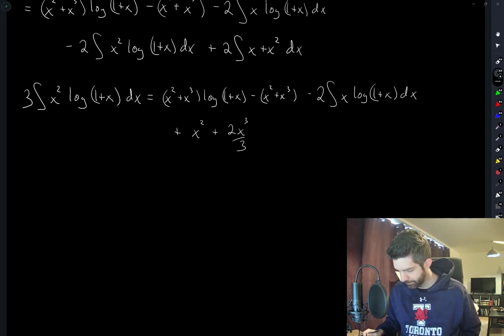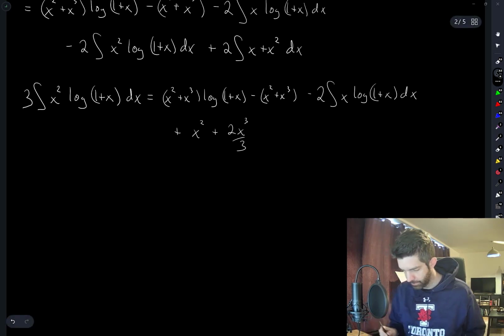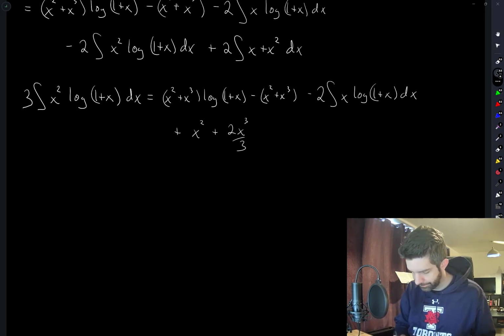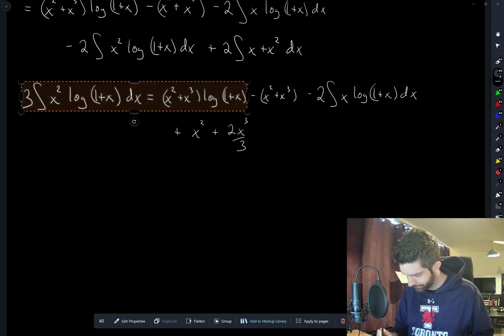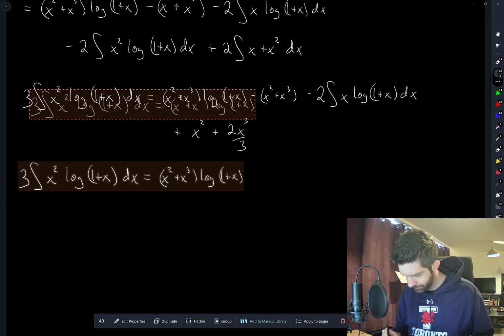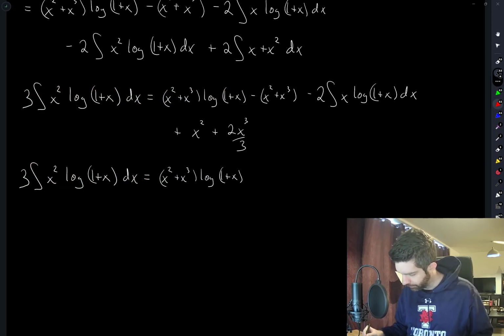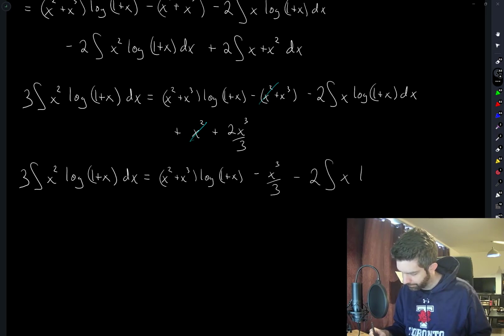Okay. So some of this stuff will also, again, simplify. We get some cancellation here. And then I'm left with minus x cubed over 3 minus 2 times x log of 1 plus x dx.